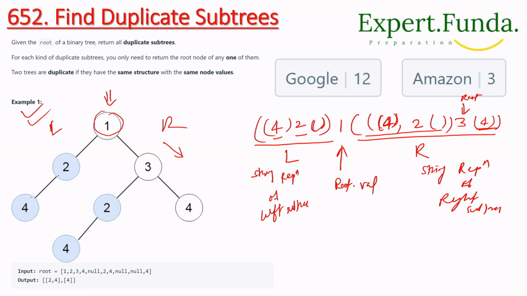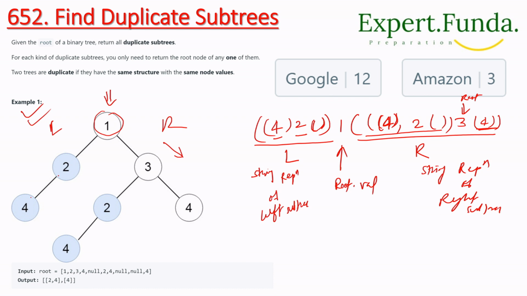So with post order, at the moment we handle a node, we have already traversed its left and right subtree. So we can compose a string for the subtree of the node using the representation of its left and right subtree, right?